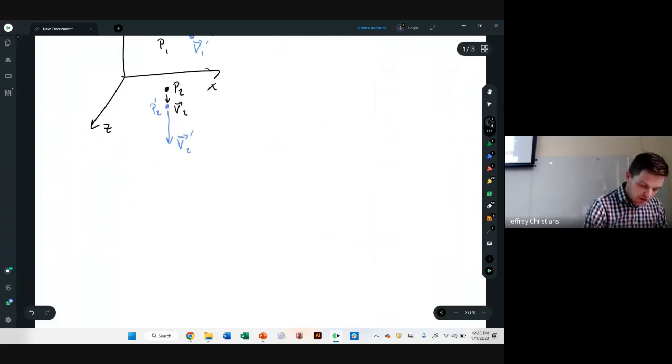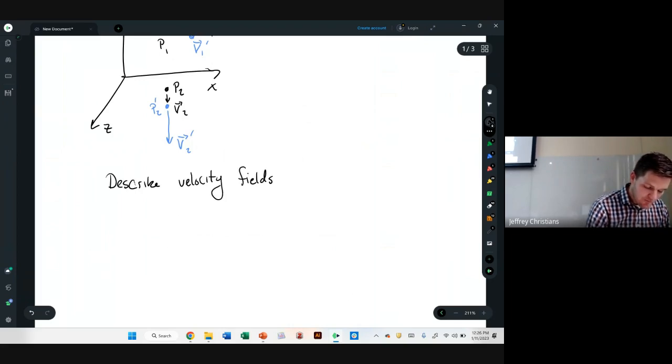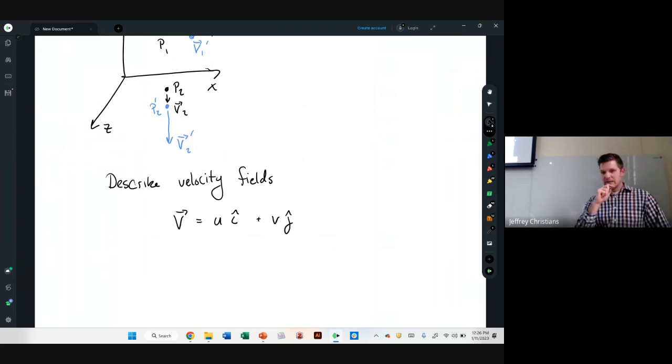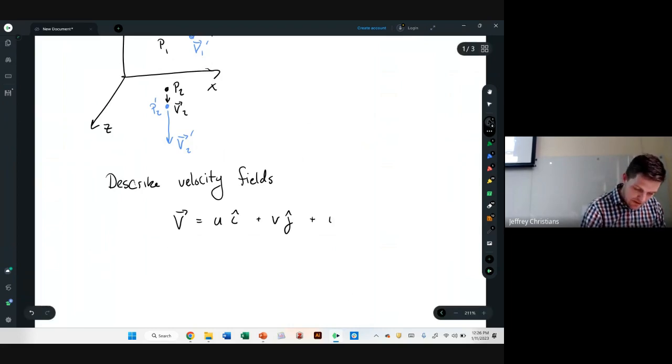So in general, we're going to describe the velocity fields in their individual components. So the velocity field, I'll write this and then write some notes on it, equals u i hat plus v j hat plus w k hat.